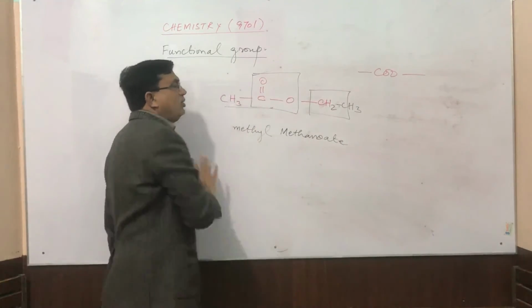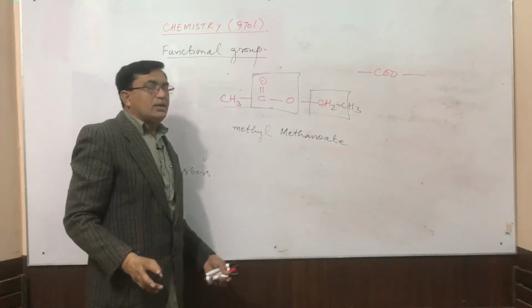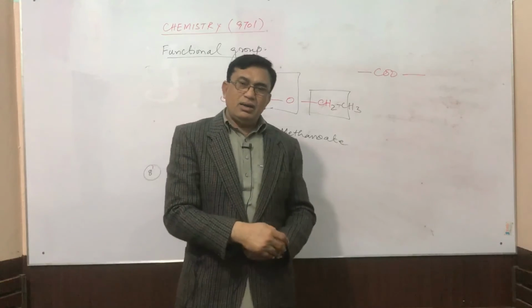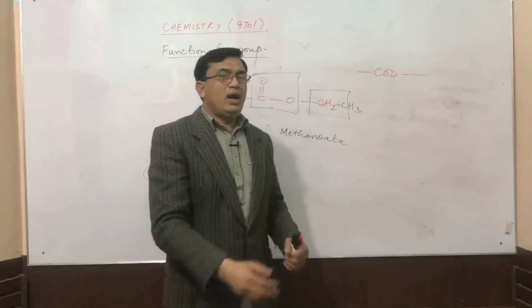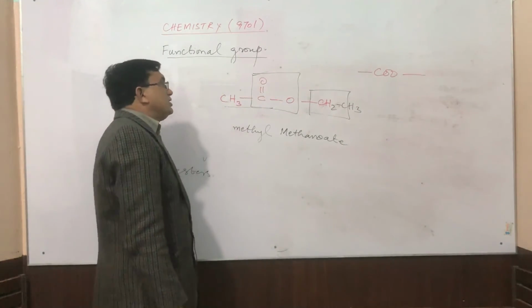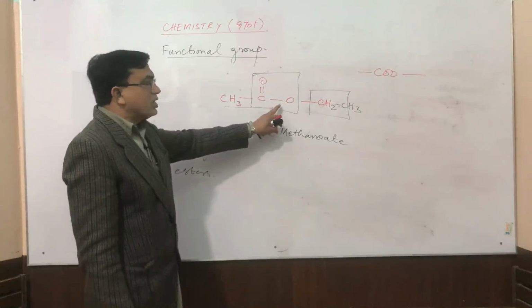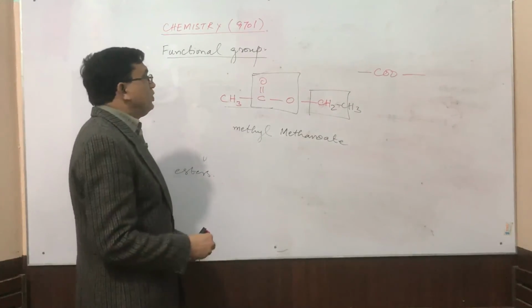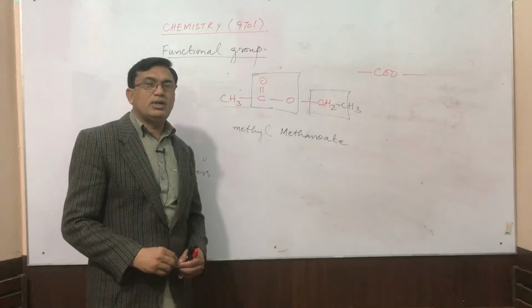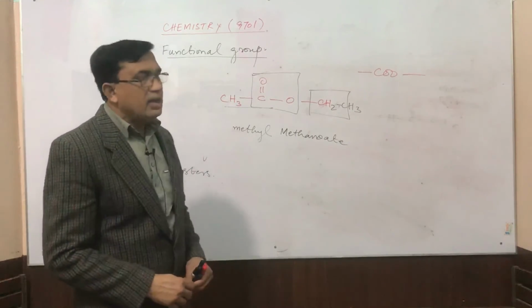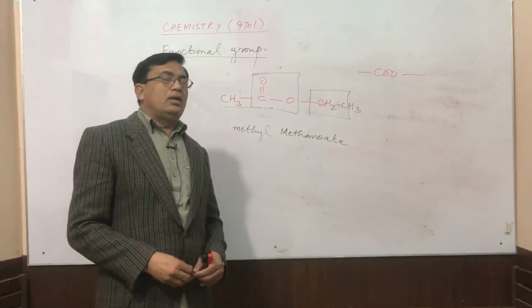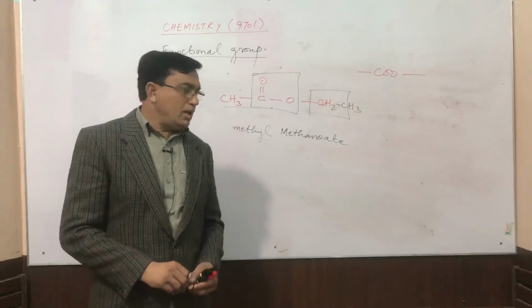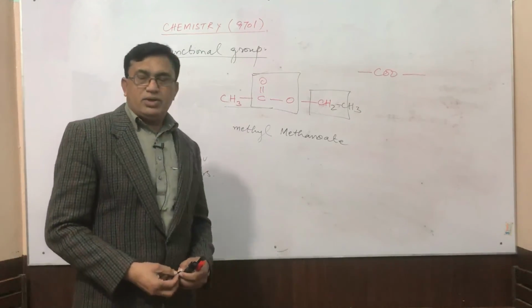In this manner, esters are named and we find out where the ester linkage is present. This is the ester linkage which we have already discussed in the O-level class in polymerization. I have explained the functional group and all the relative information.